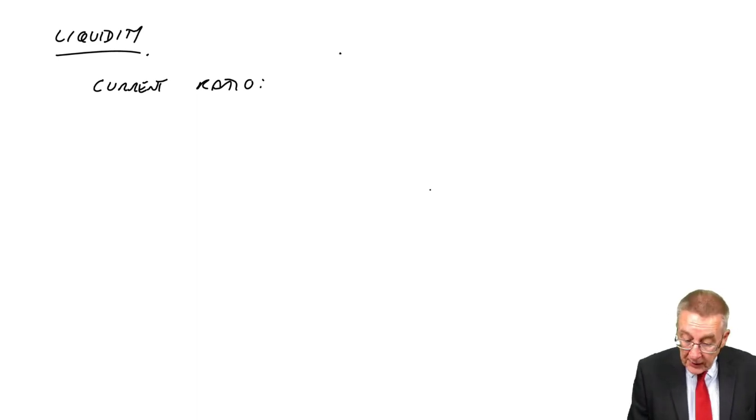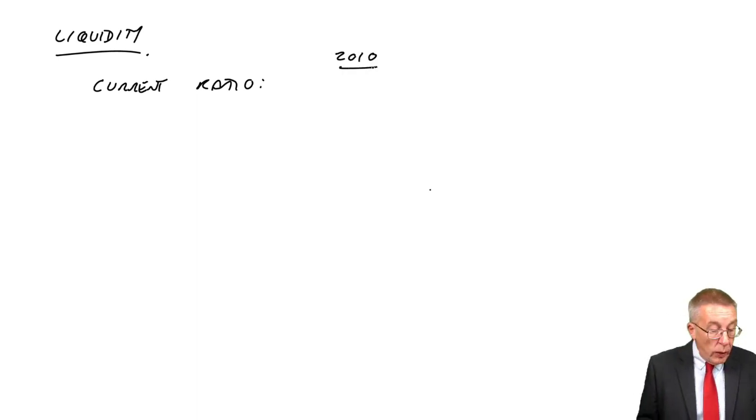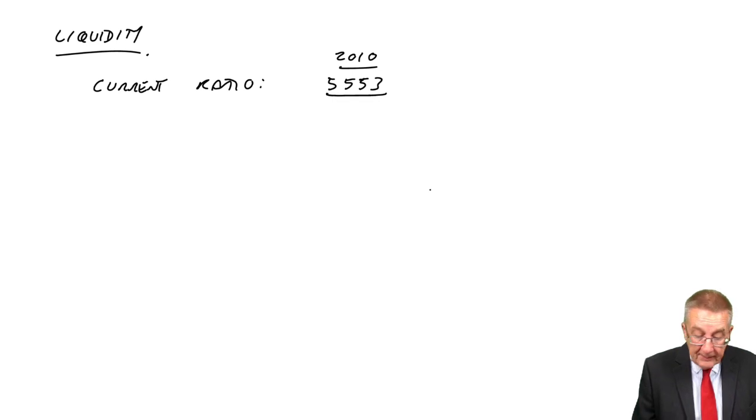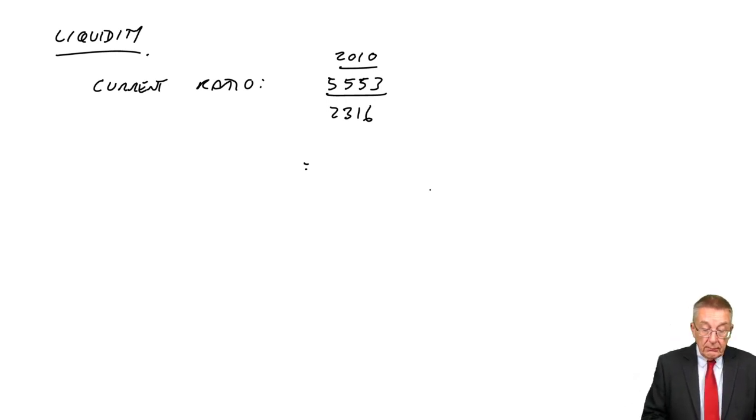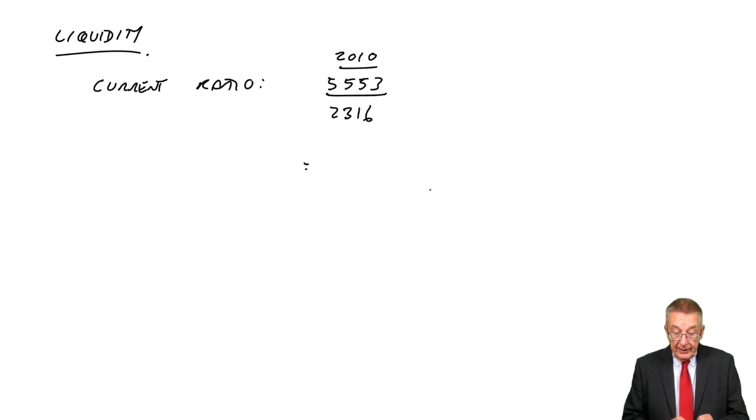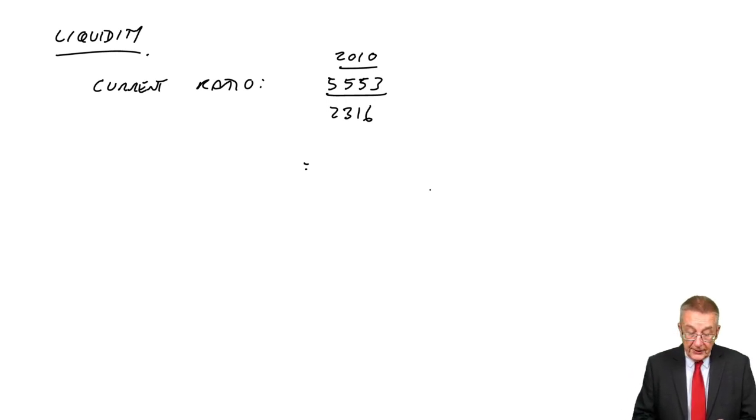So let's just check it in both years. In 2010, the current assets are 5553. The current liabilities 2316. So in 2010, the ratio is 5553 divided by 2316. The ratio is 2.40.